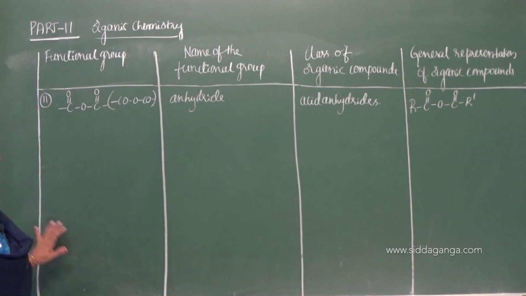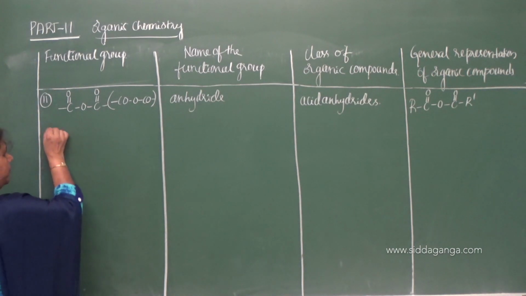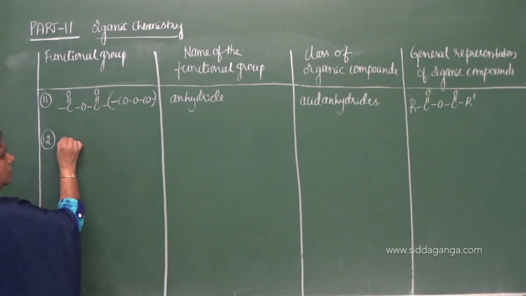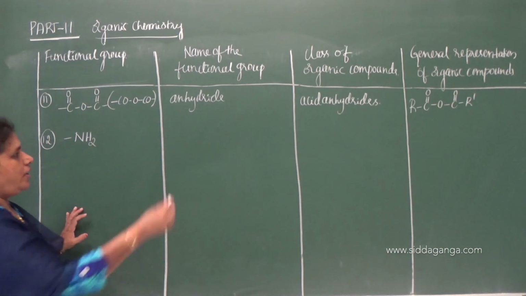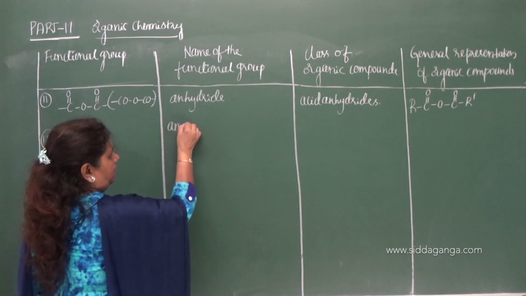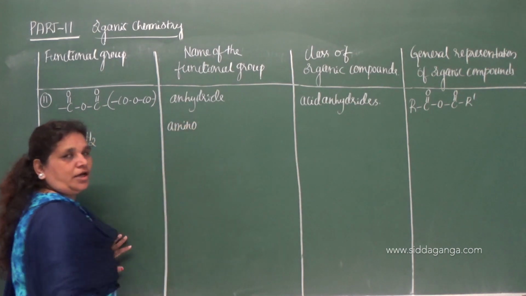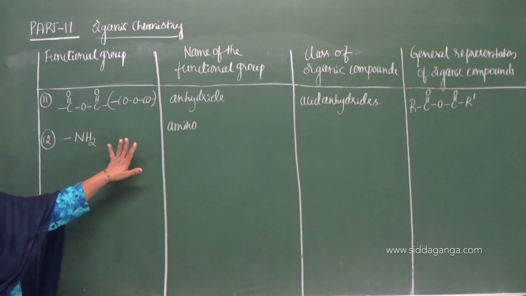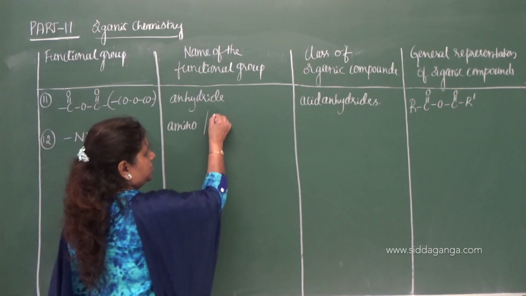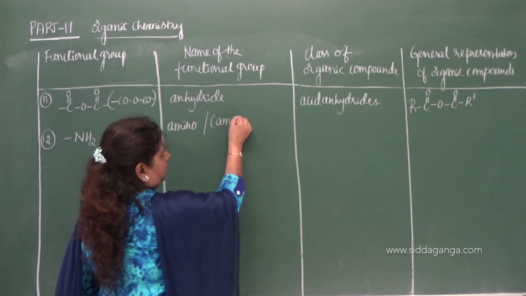Now let us move on to the 12th one. NH2. The name of the group is amino. Amino is the name of the functional group, and you can also name it as amine.